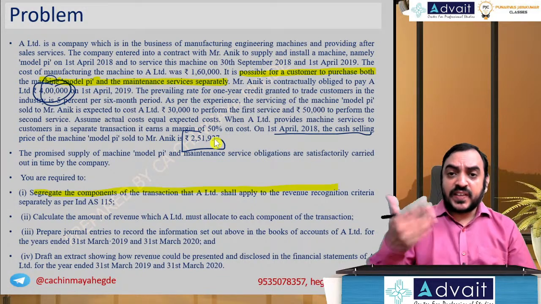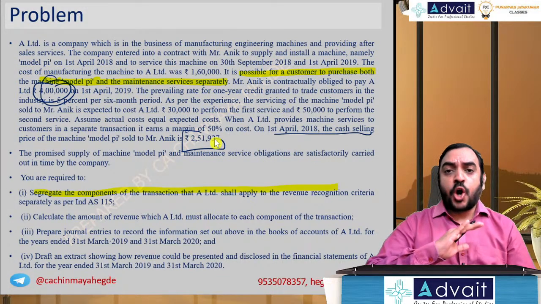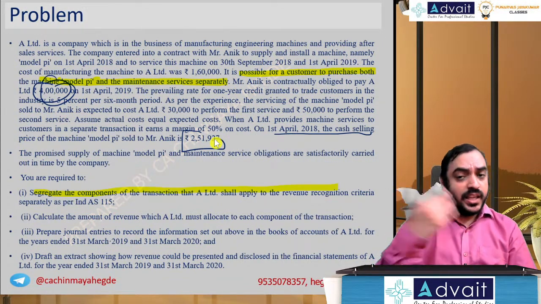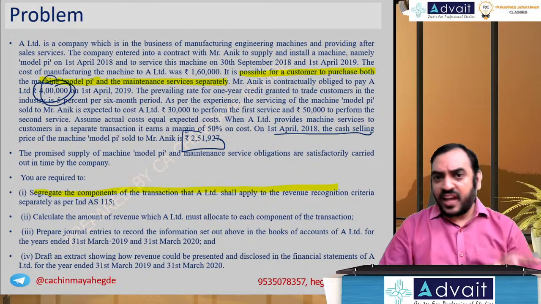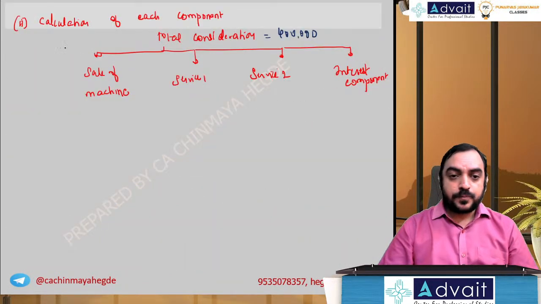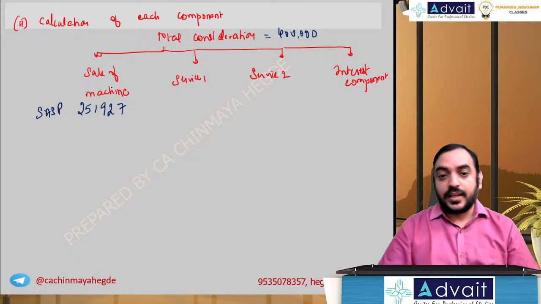If it is collected immediately, if you have not given him any time, it would have been sold at that price. That is the value of the machine, the standalone selling price, 2,51,927. I can say this is a standalone selling price if you sell this separately.